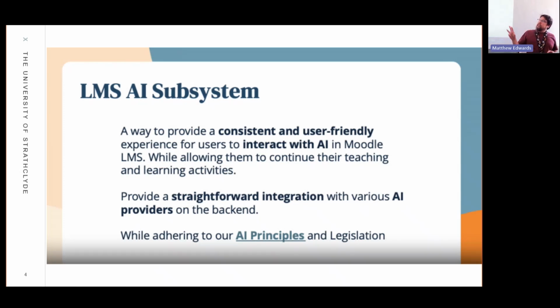They are categorically saying they are not shipping an artificial intelligence model with Moodle. That's going to be something you'll have to go out and procure. But that should allow us to leverage things like what Microsoft are offering, what OpenAI are offering. If you want to run your own local models, ideally that will be all integrated into that. And again, they've got their AI principles about it being responsible and ethical and all those things.